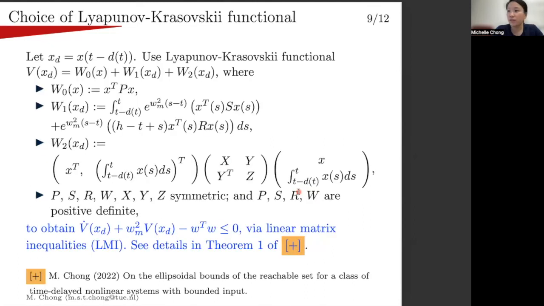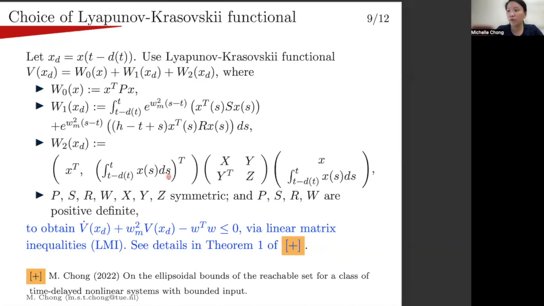We have chosen to construct a Lyapunov-Krasovskii functional as follows, where we have the first term, W0 term, to deal with the parts with no time delay, and hence only dependent on X, and two other terms, W1 and W2, which depend on the states with time delay. And they are constructed as follows.